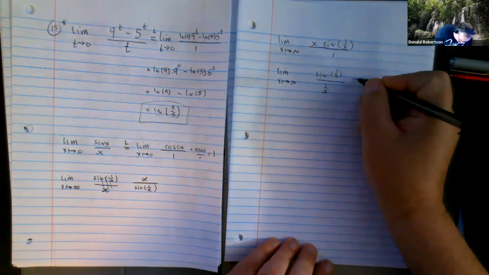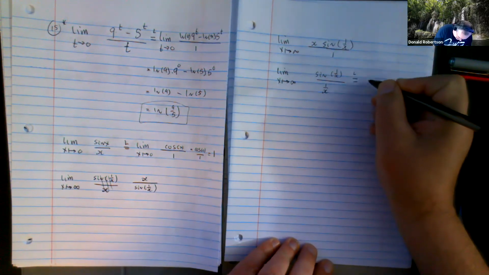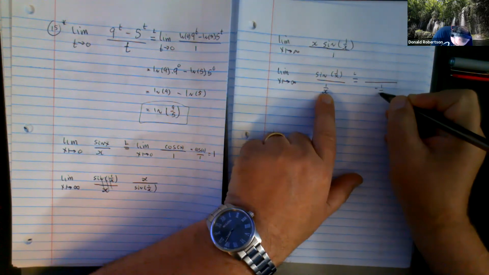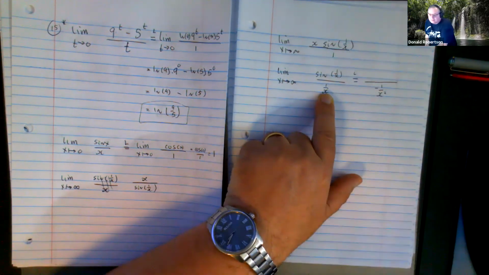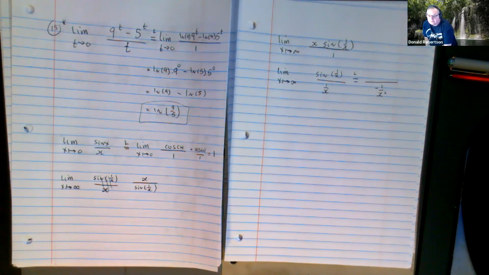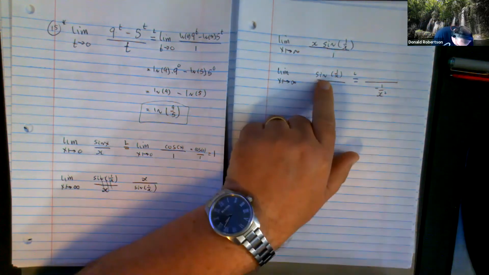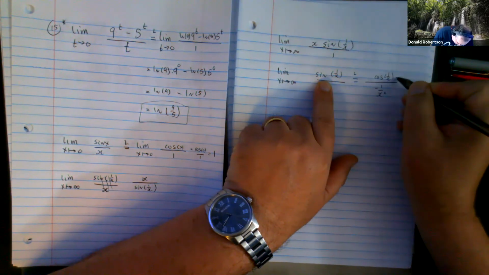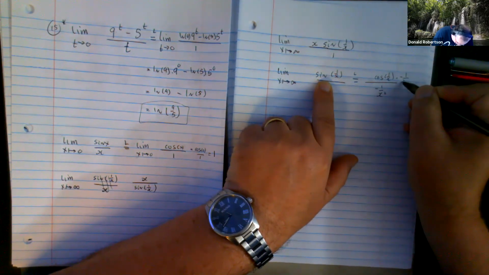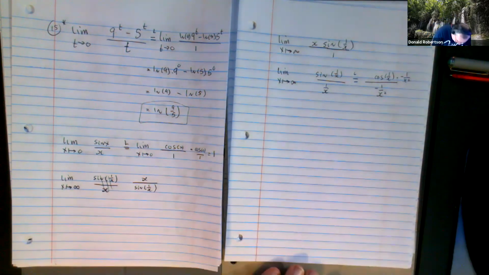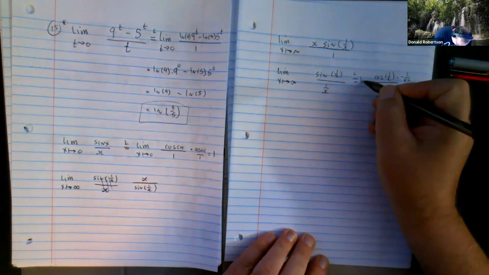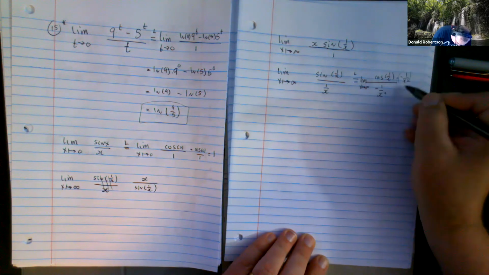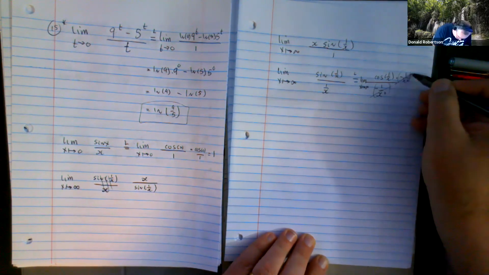So I'm going to do L'Hopital on it. If you differentiate this guy, you get negative 1 over x squared. If you differentiate the sine of 1 over x, you get the cosine of 1 over x times the derivative of 1 over x, which is negative 1 over x squared. Now, do you see this guy here and this guy here are allowed to cancel each other out?